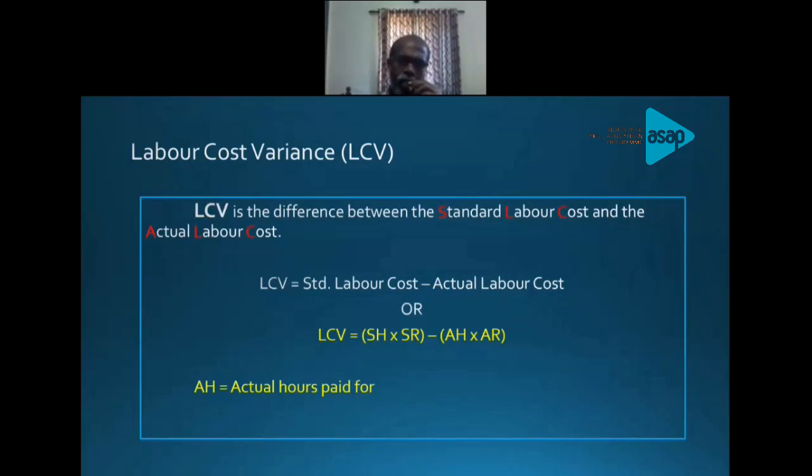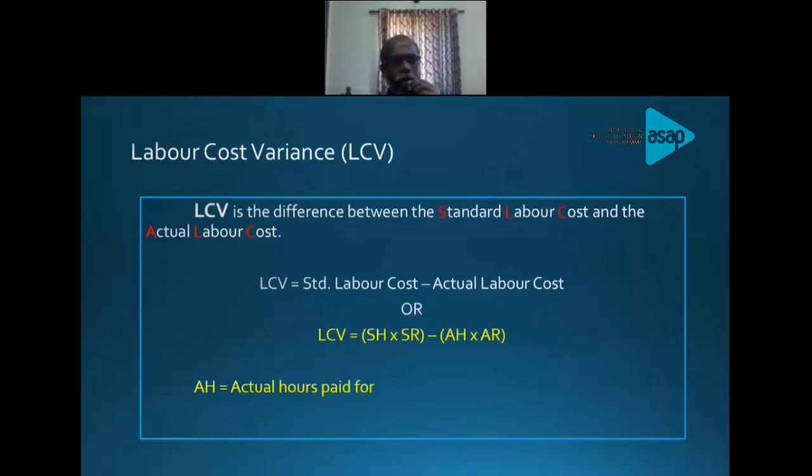Always remember, standard labor cost means standard labor cost for the actual output. So labor cost variance is otherwise equated as standard hour into standard rate. Standard hour into standard rate will give standard labor cost, and actual hour into actual rate will give the actual wages paid.